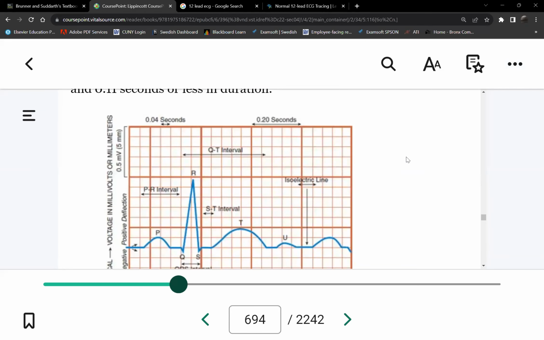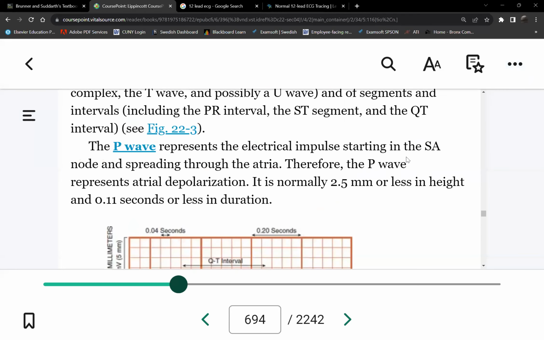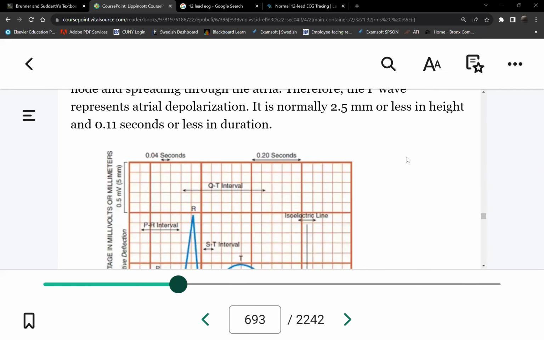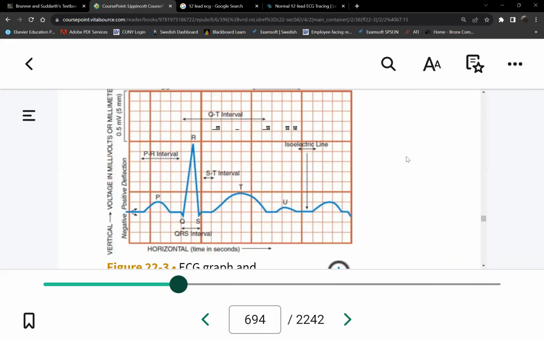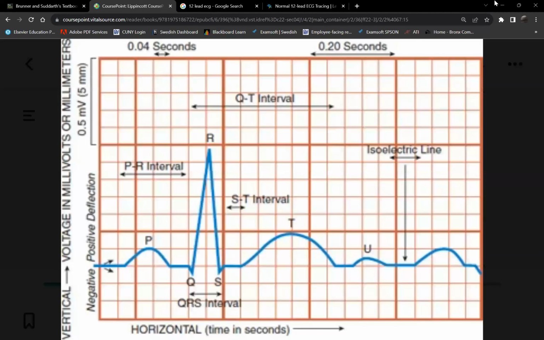All right, let's look at now what the waves and complexes represent. So what you're looking at here is a PQRST. This is one cardiac cycle, meaning this is one heartbeat. First of all, let's look at what the paper represents. On an ECG paper, you've got horizontal lines and vertical lines.